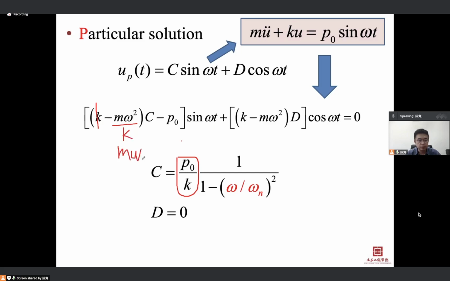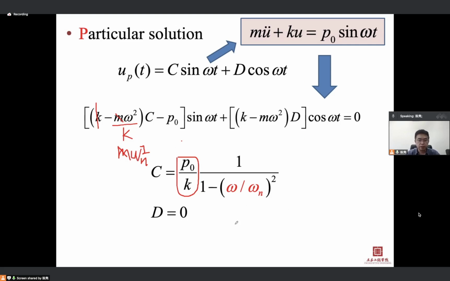Later, I will not give you such detailed information about every equation; this one just gave you an example. So K equals M omega n squared, the M is canceled, and then we have omega divided by omega n, squared.